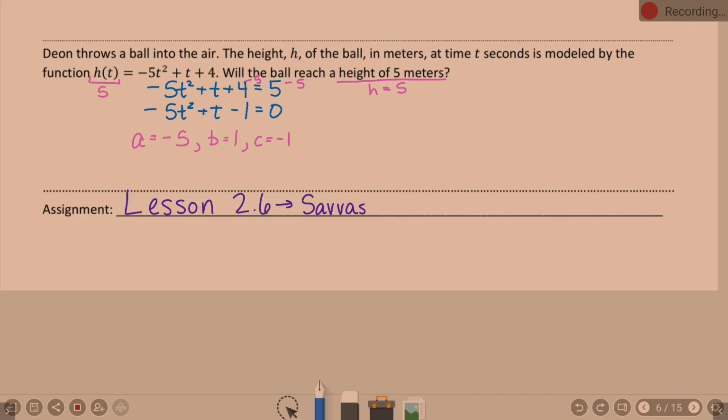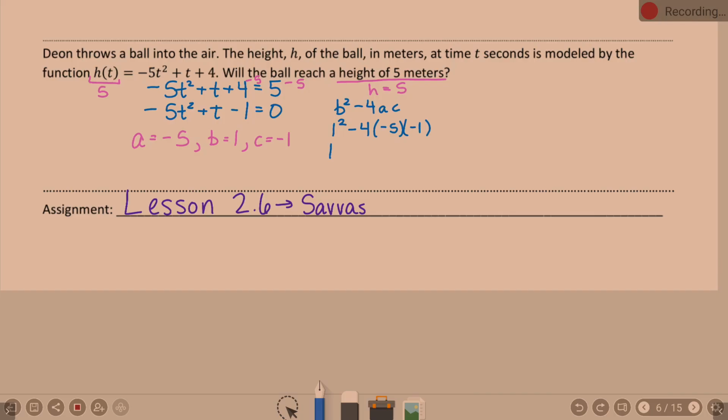So we just need to look at what is b squared minus 4ac. So 1 squared minus 4 times negative 5 times negative 1. 1 squared is 1. Now, I think you guys go more official than me.